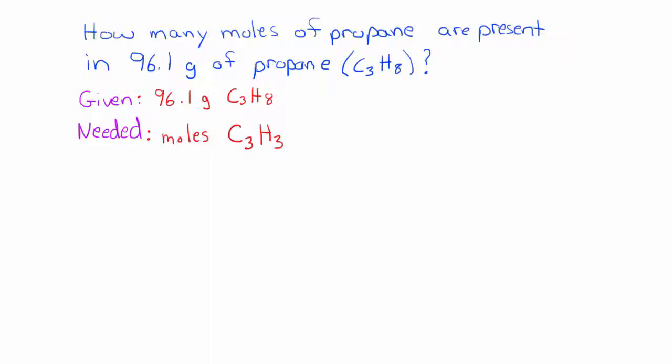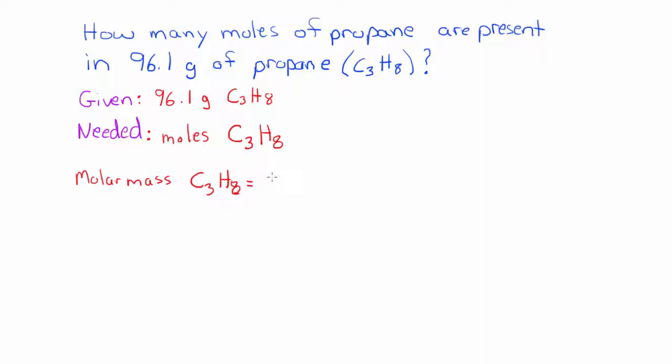And luckily, we have the periodic table, and we actually know how much 1 mole of propane would weigh. So what we do is calculate the molar mass of the propane. And we can do that using the formula for propane.